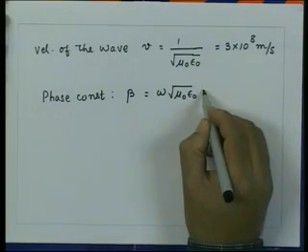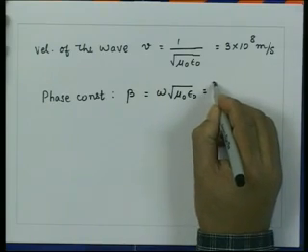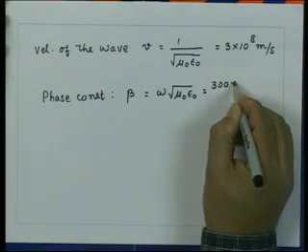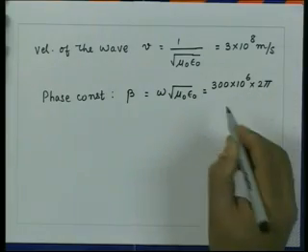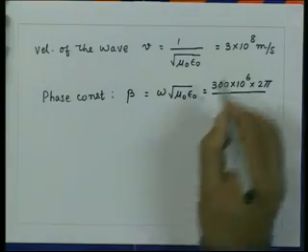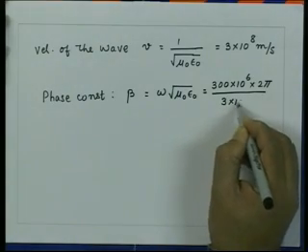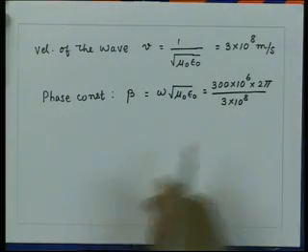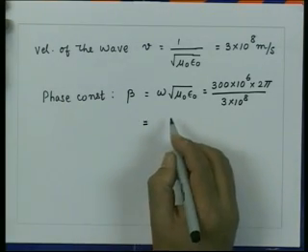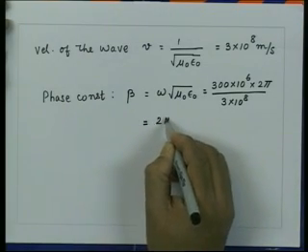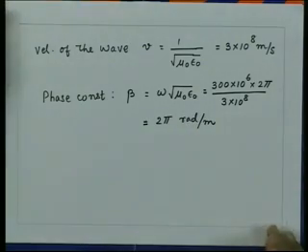So, that will be equal to, the frequency is 300 megahertz, so this is 300 into 10 to the power 6 into 2 pi divided by 3 into 10 to the power 8 meters per second. So, from here we get the phase constant of the wave, which is 2 pi radians per meter.